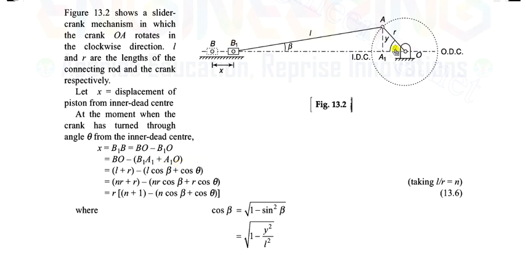Now you have to understand that this perpendicular distance is Y, okay, this is R, so A1O. Now this is a right triangle, okay, so Y is equal to R sin theta and A1O is equal to R cos theta.